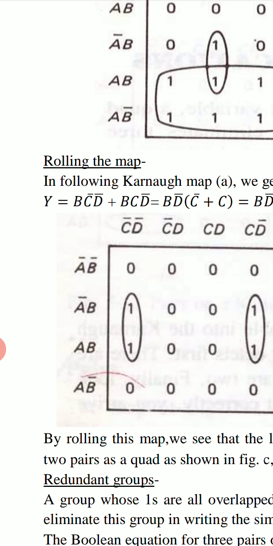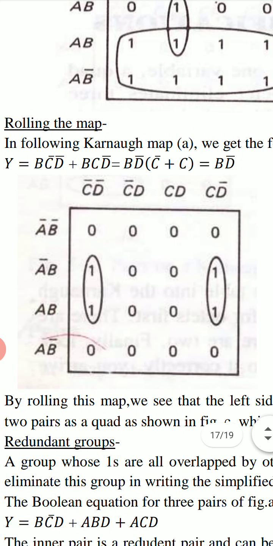Next is rolling the map. If we have 2 such pairs at 2 ends, we can consider it as a quad, because if we roll this, these 2 pairs come close together and form a quad.